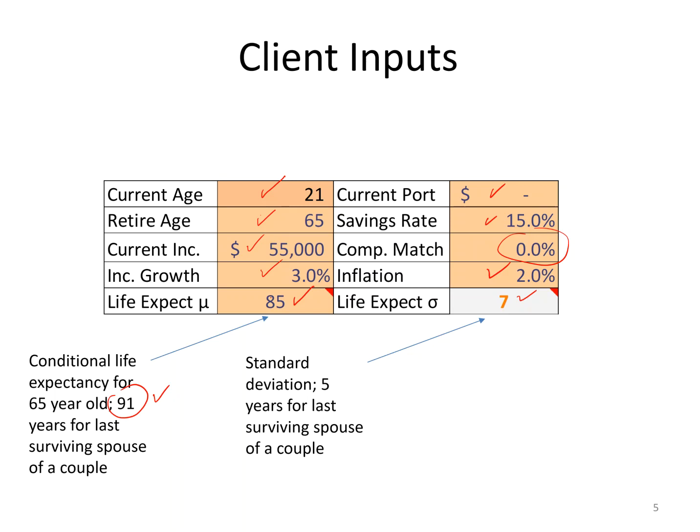If you're a single person, like we all are, and we live to the age of 65, we're expected to live till 85 with a standard deviation of 7. If there's a couple, both living at age 65, the last remaining spouse or partner is expected to live to 91 with a standard deviation of 5. So bottom line, if you're doing this for one person, I'd recommend 85 and 7. If you're doing this for 2 people, I'd recommend 91 and 5.